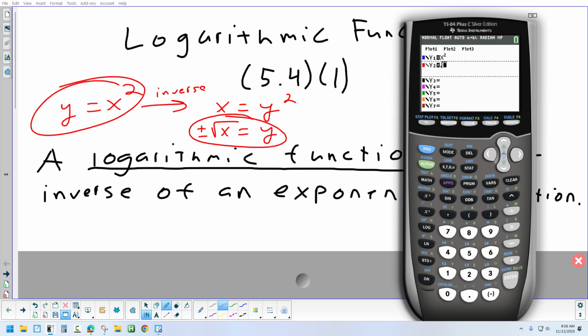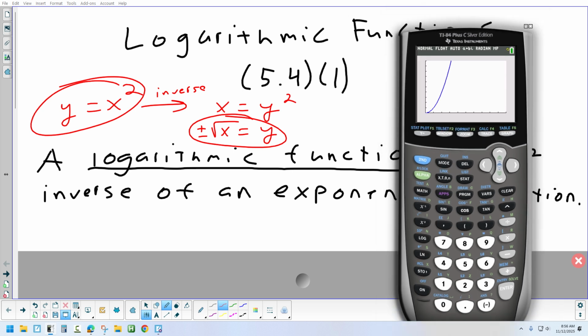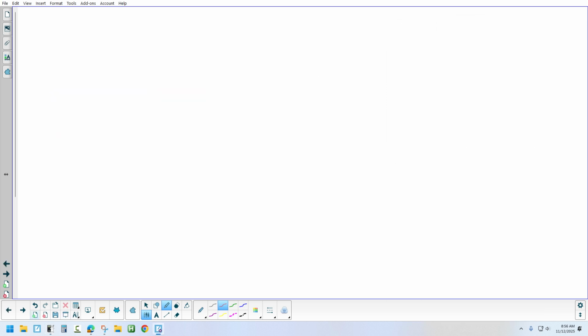And I'm just going to do the positive square root. Let's look just at quadrant 1. So it's the standard window up to 10 on the x max, 10 on the y max, but 0 for the minimums. Let's hit graph. That's the squaring function. That's the square root function. Let's look at that.